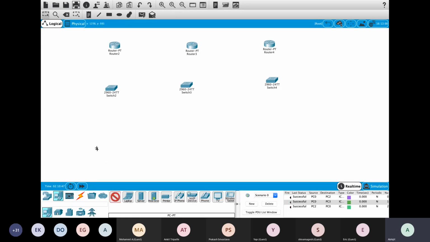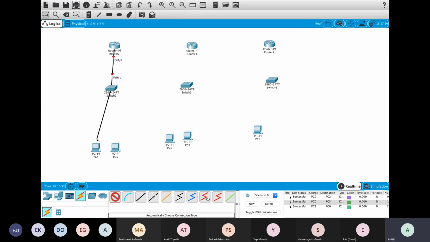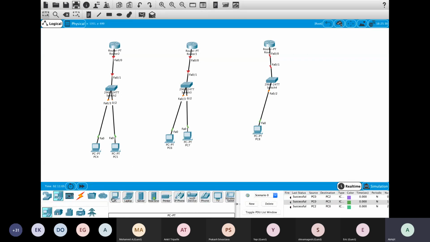And I will place a couple of PCs along with that. And then I'm going to connect all of these together by connecting to R1, R2, and R3. We probably need another device there.